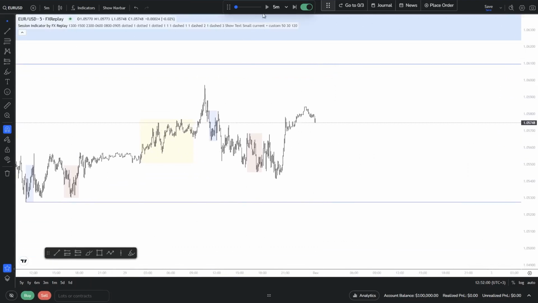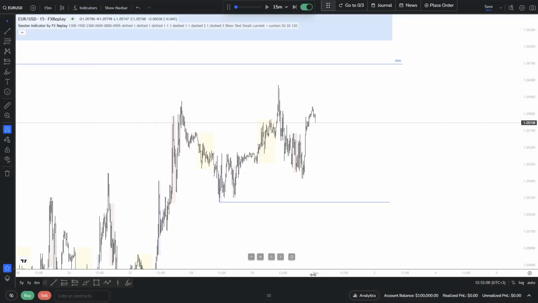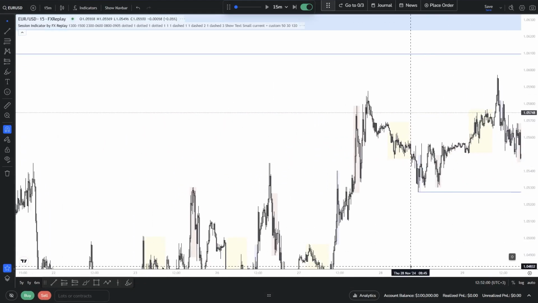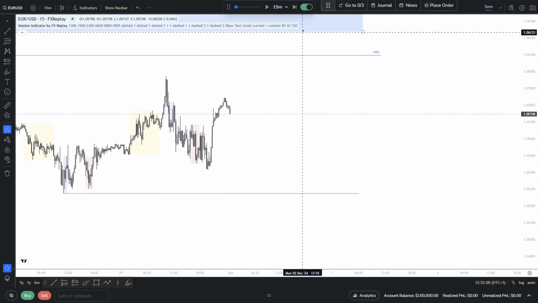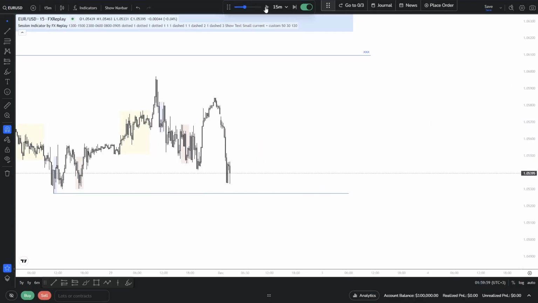Okay, let's go on M15 and play out the Asia session first, and then we'll start looking at the markets. When will it be over?